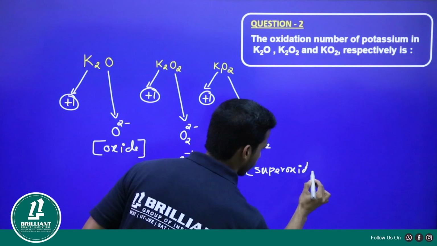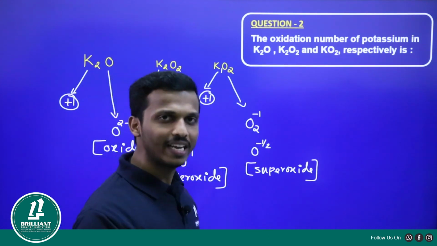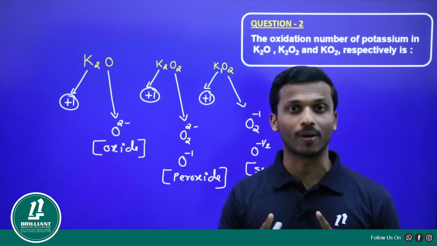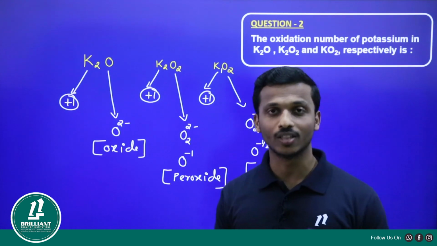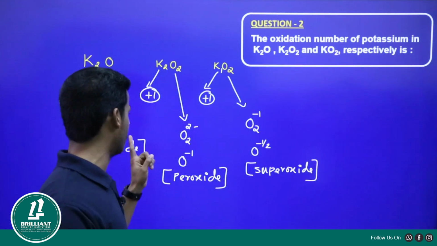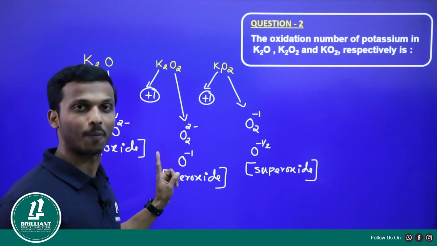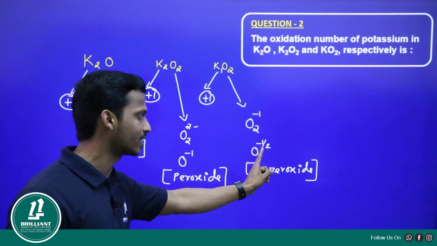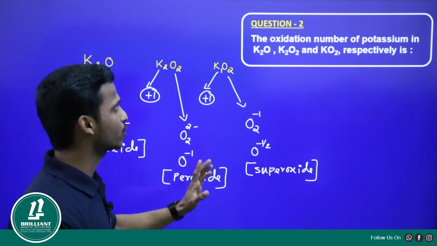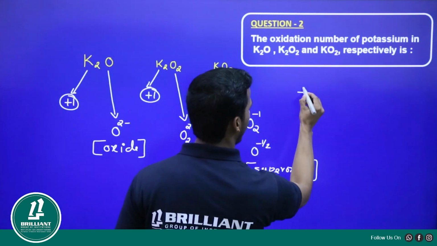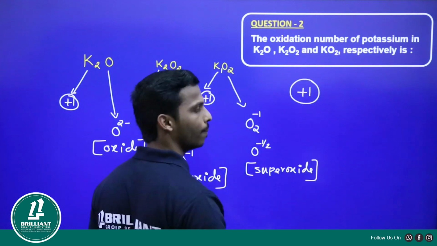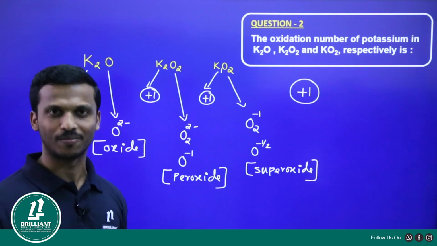So in all these 3 cases, potassium is in the +1 oxidation state, but the oxygen in the first case is -2, that means oxide. Second case -1, therefore peroxide. Third case -1/2, superoxide. So the answer for potassium in all these cases is the +1 oxidation state.